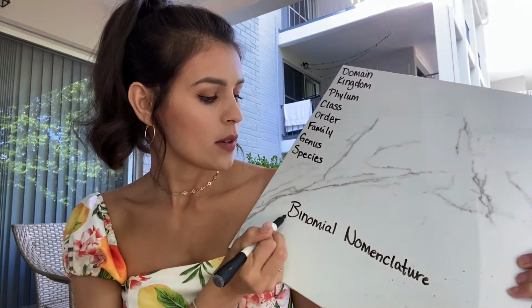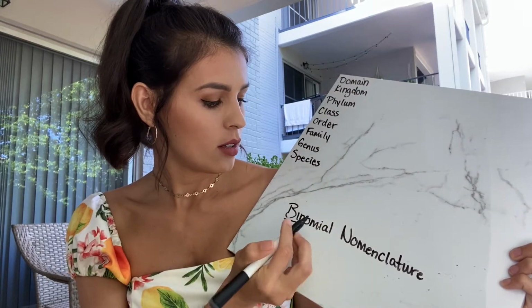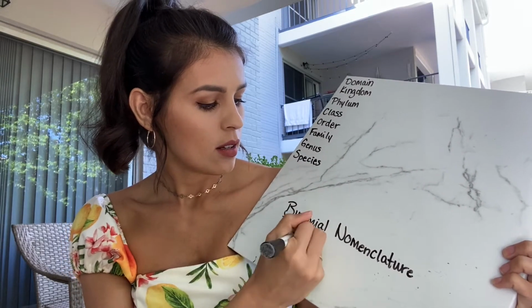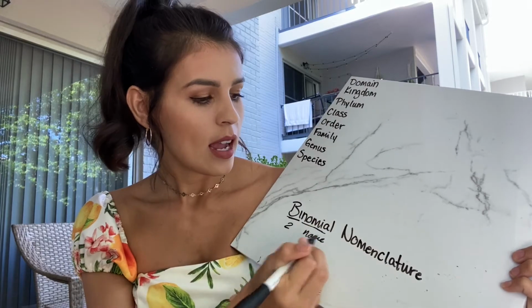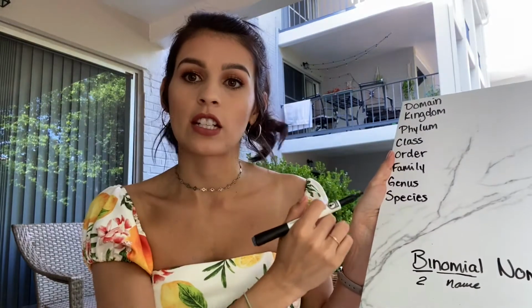If you break down this word, it's bi, meaning two, nomial, name, and nomenclature has to do with the naming of something or the way it's referred to, right? So binomial nomenclature is a two-name system, and the two names come from their genus and their species.